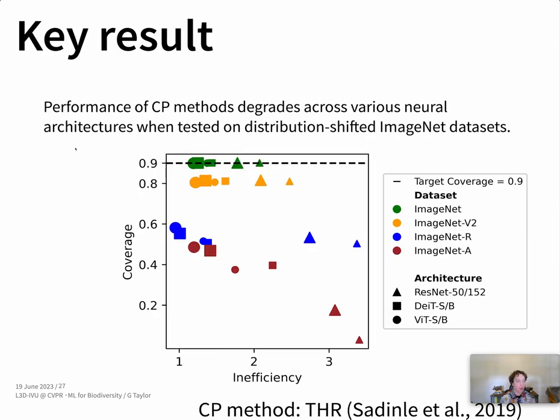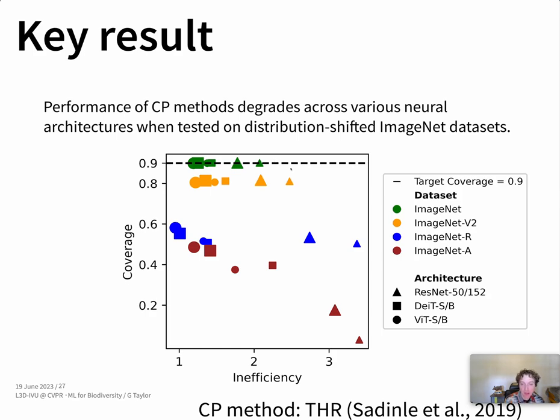So our key result here is that the performance of the conformal prediction methods degrades across various neural architectures when tested on distribution shifted ImageNet datasets. So we're targeting a coverage, that is the probability that the true label is included on average in our predicted set. This holds when we stick to the standard ImageNet training set.